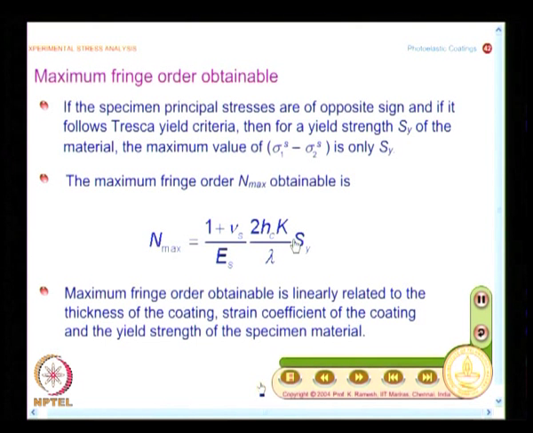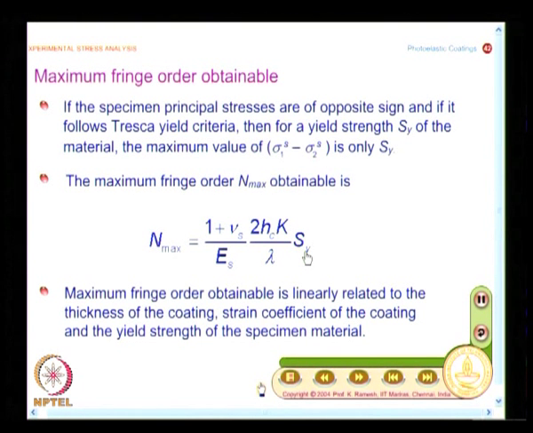So, from this, if I go back and recast the expression for the principal stress difference, you have the maximum fringe order obtainable as a function of Poisson's ratio of the material, Young's modulus of the material, and also the yield strength of the material.